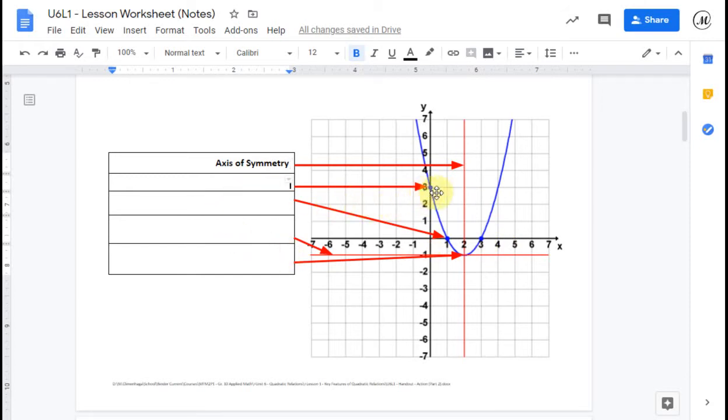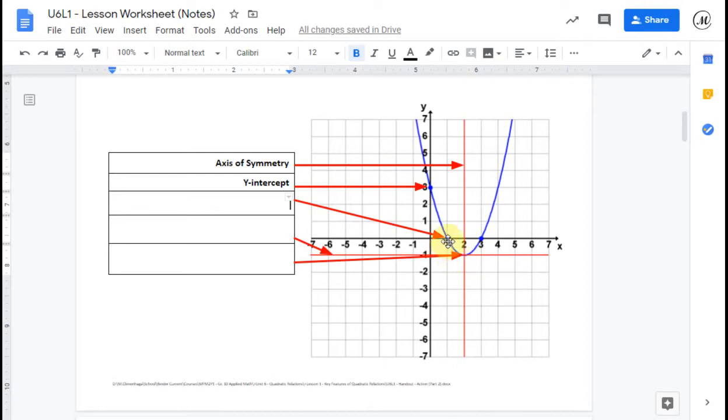This point here you should be familiar with from linear relations. It's where the parabola or the quadratic relation crosses the y-axis, so that's the y-intercept. And again, similar to linear relations, where the parabola crosses the x-axis are called the zeros because the y value there is 0.